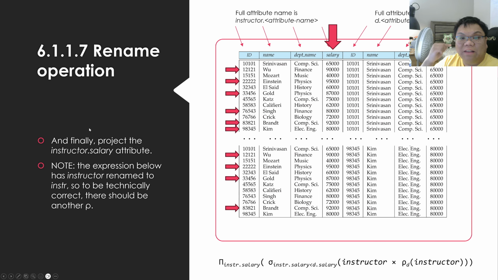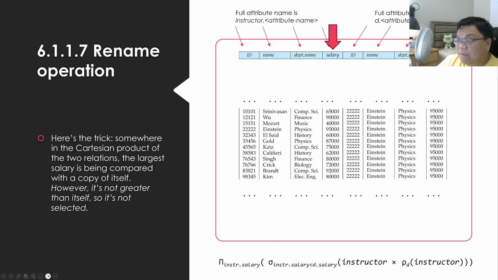You might be thinking to yourself, how is this supposed to compute the largest salary? Well, here's the thing. It doesn't. It finds everything else except for the largest salary. So somewhere in this table, we are comparing the largest salary with itself. But you can just eyeball this and determine that it's Einstein's salary that's going to be the highest of them all.